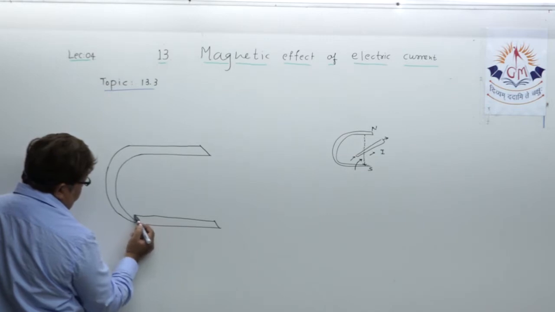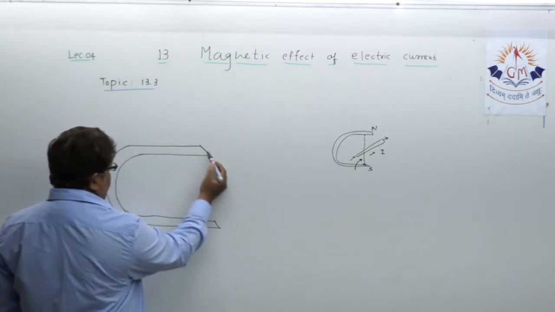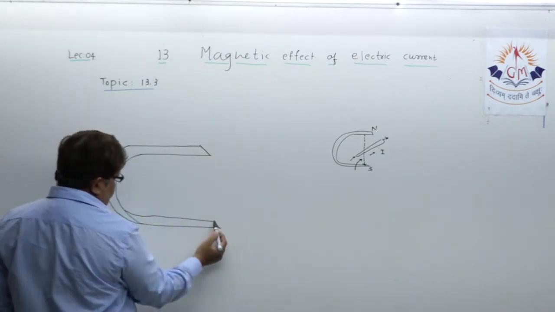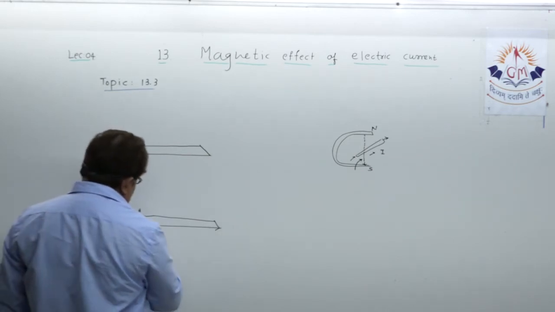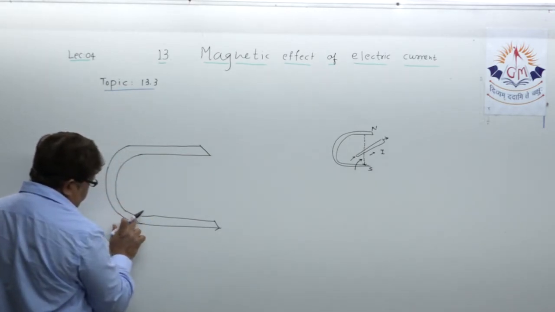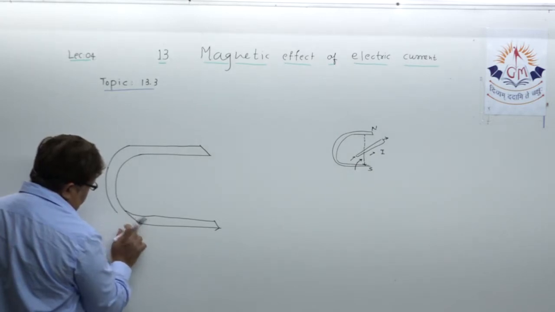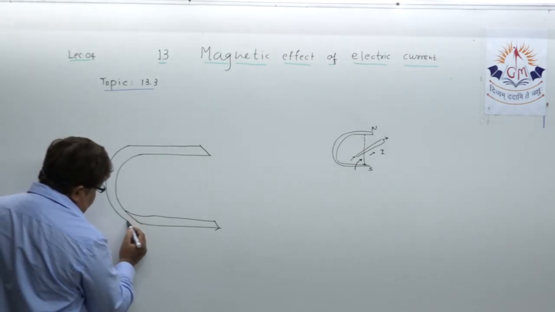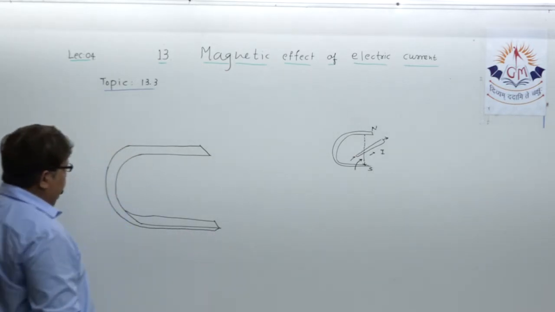Try to understand it. Inside the horseshoe magnet, it looks like some 3D type of figure we are trying to generate.